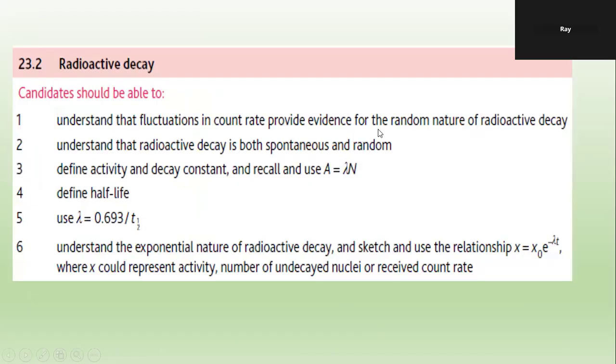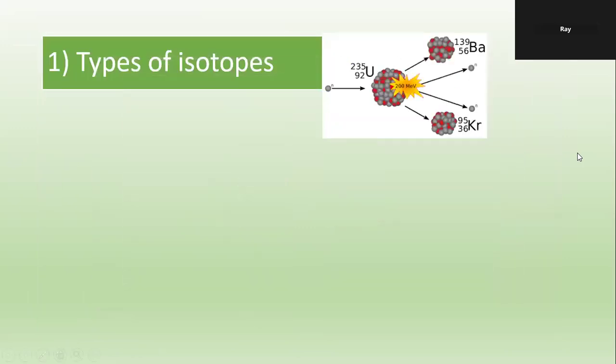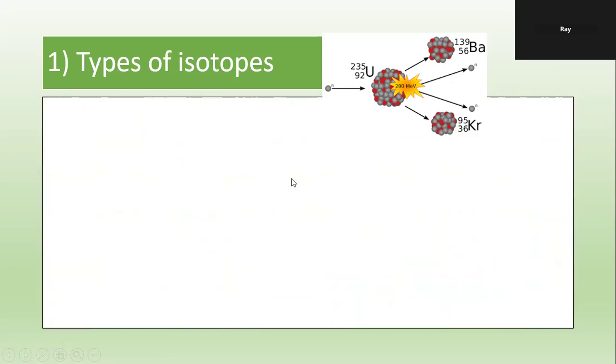You can use your textbook. That is your syllabus. Exponential decay is given in terms of x instead of N or A. Then decay constant is given. You know where to find the formula.